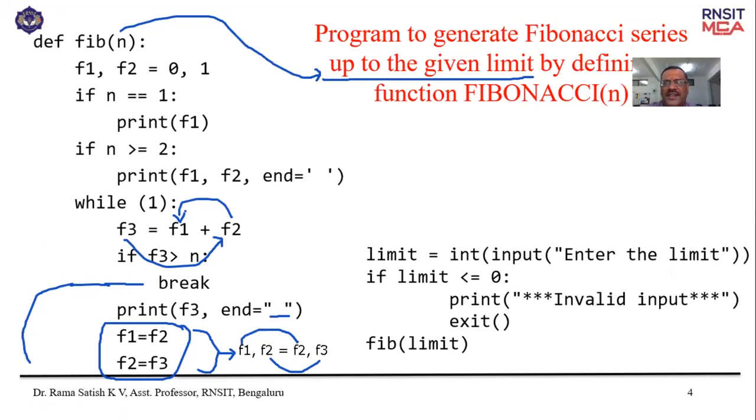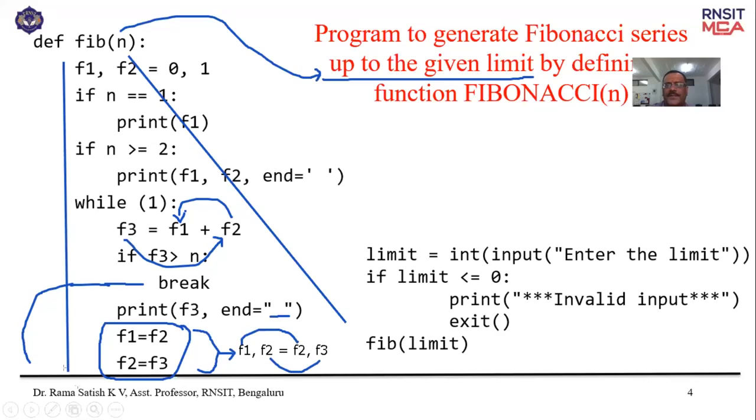If the limit is less than or equal to 0, then you say invalid input and exit. And you can call the function fib, by passing limit. So what happens? The function gets invoked and the entire function gets executed one by one until the last statement.